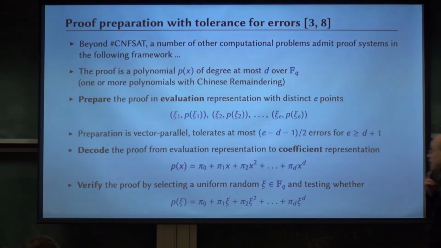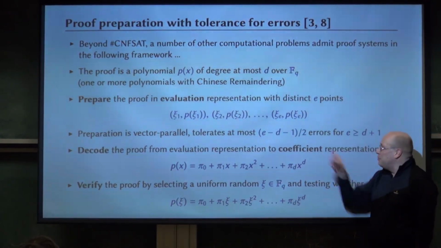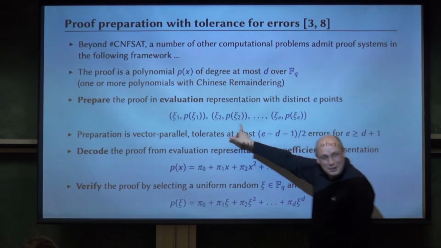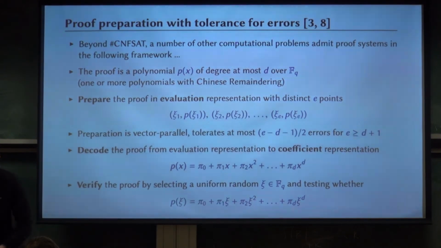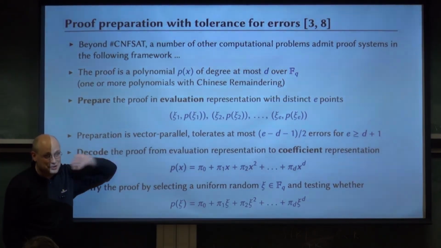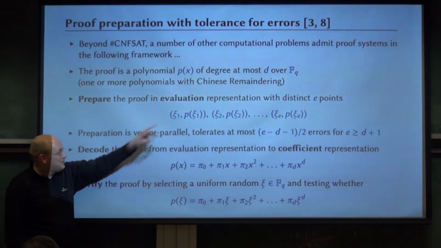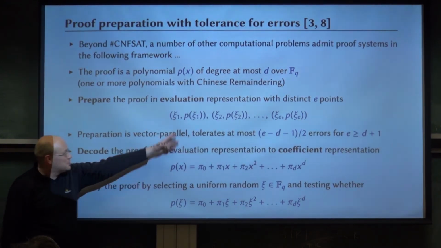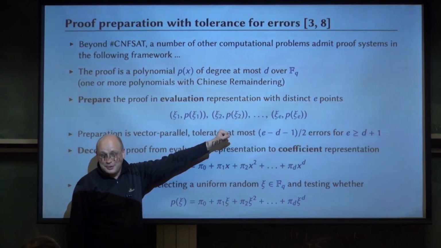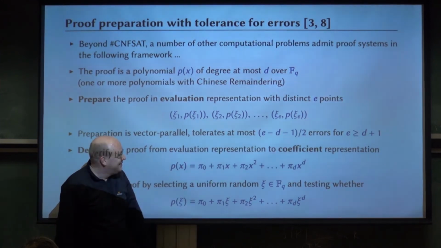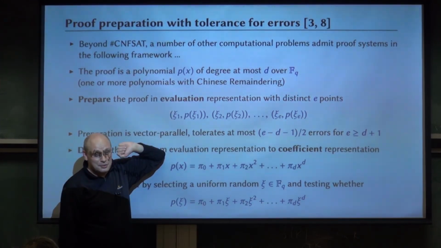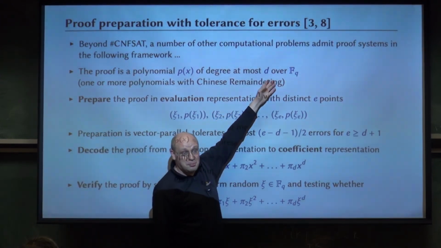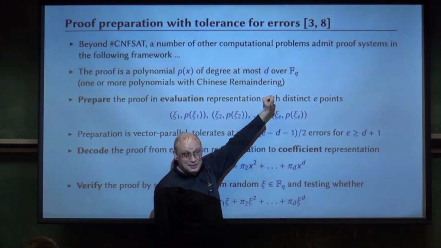So what the proof preparation really amounts to is that you farm a lot of point evaluations of a univariate polynomial. These are completely independent of each other. You can run them on separate computers. Some of these may even be in error. And of course in general you have some kind of control, you know what the degree should be at most. So there's an upper bound D on the degree.